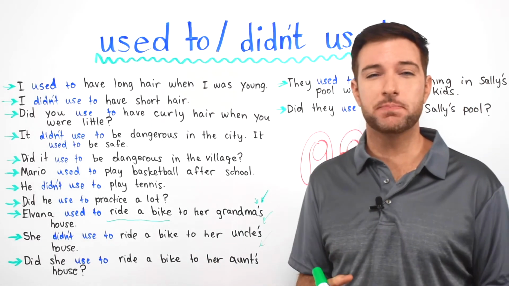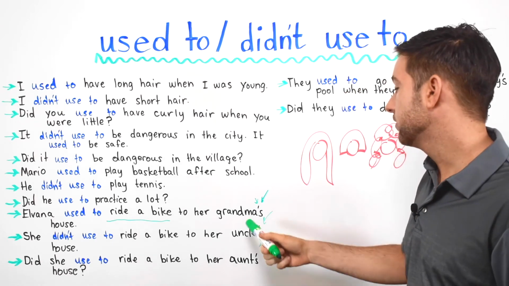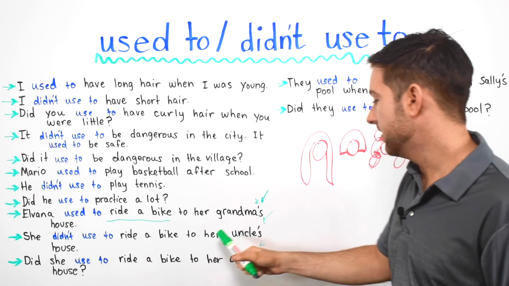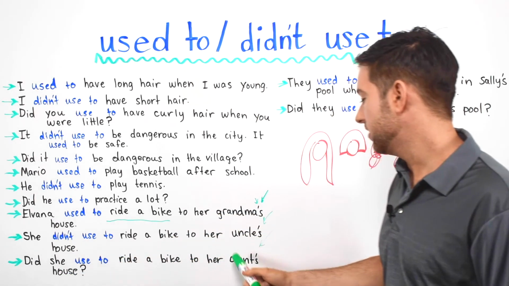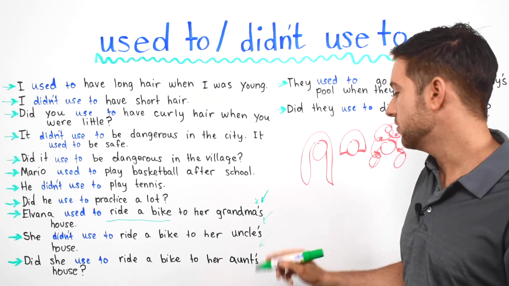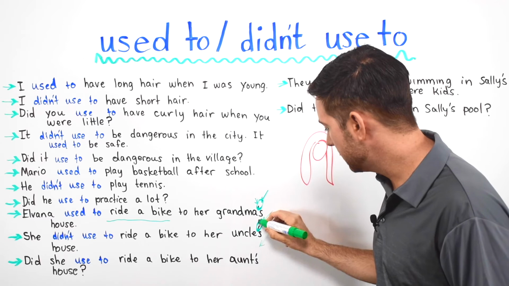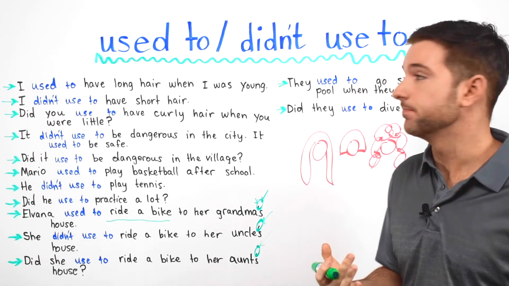The house is the possession of who? That's right. It's the possession of her grandma. And in this case, this house is the possession of her uncle. And in this last case, the house is the possession of her aunt. So an apostrophe shows possession, something that belongs to somebody, something that is somebody's property, all right?